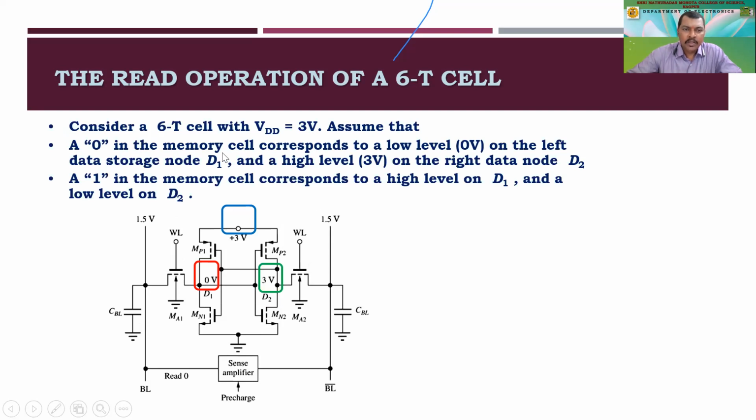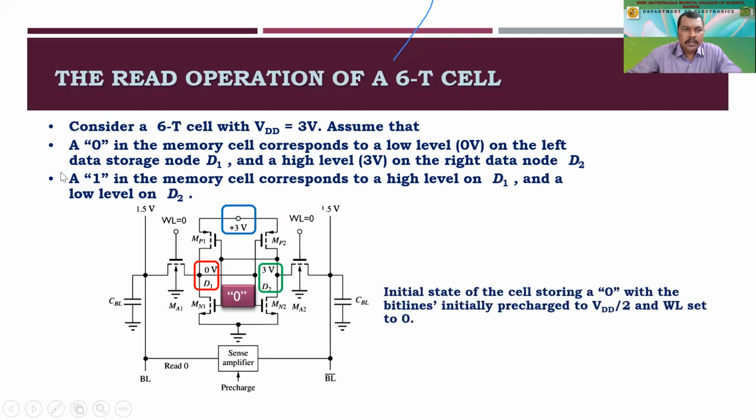Because automatically there is a low level on the left data node D1 and a high level, 3 volt, on the right data node, that is D2. One in the memory cell corresponds to a high level on D1 and a low level on D2. So as zero has come here, one has come here, and automatically if it is one, then the other will be zero, or if it is zero, then automatically the other will be one, right? So this is the basic construction of the static RAM, right?